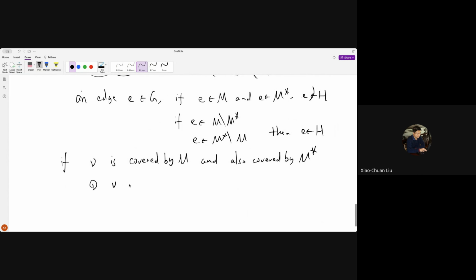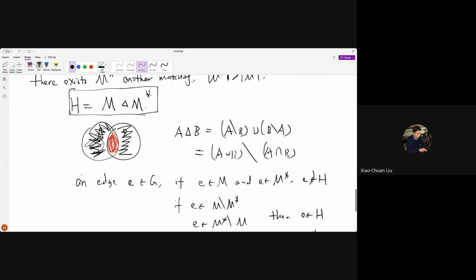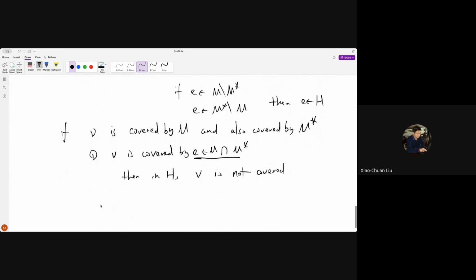If V is covered by the same edge E in M and in M star, so this edge belongs to both, then in H, V is not covered. So this definition really solves a lot of things for our arguments.